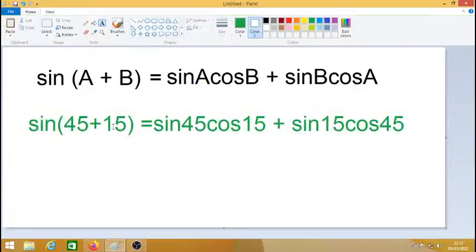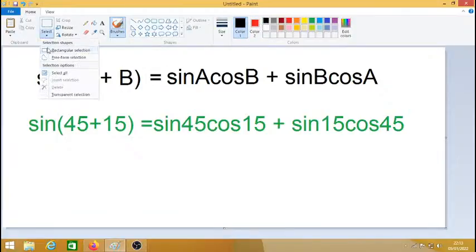So we could type into the calculator sine 45 cos 15 plus sine 15 cos 45, and that would give us the answer to sine of 45 plus 15. That's just another way of doing it, which will come in very useful when we have unknown angles in there. What you also have to learn is the same formula, but with a minus sign.